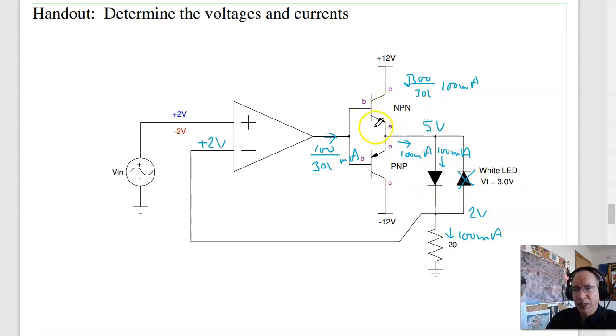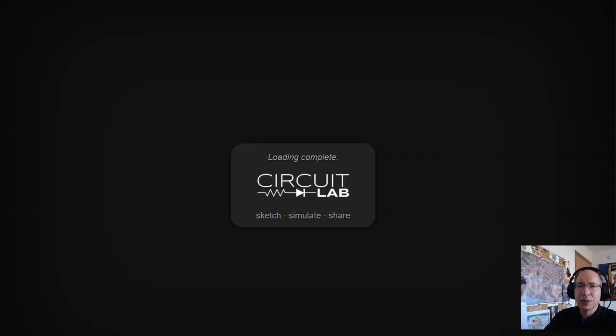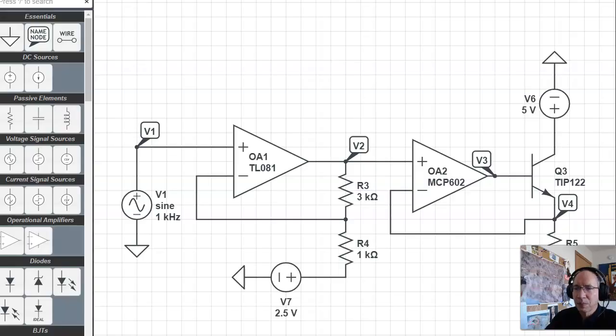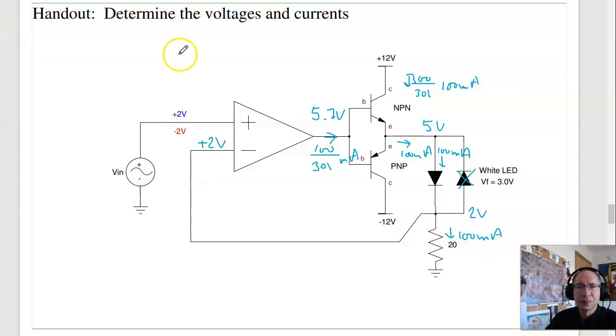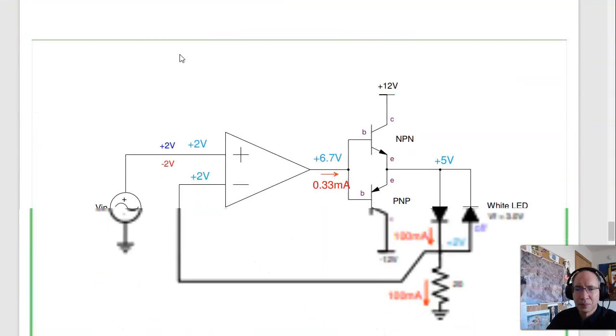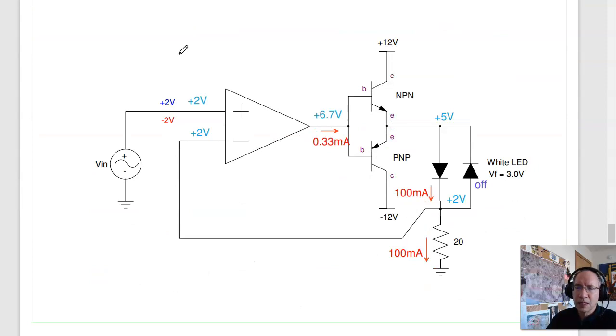If this has a 0.7 volt drop, this will be 5.7. So that'd be a current amplifier. And here's your answers.